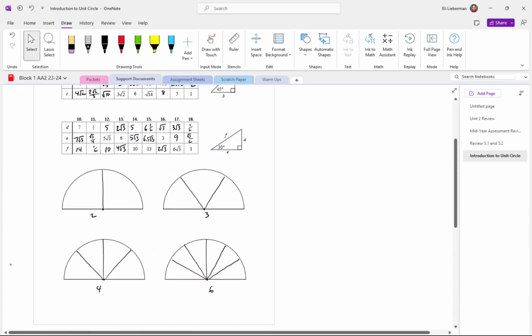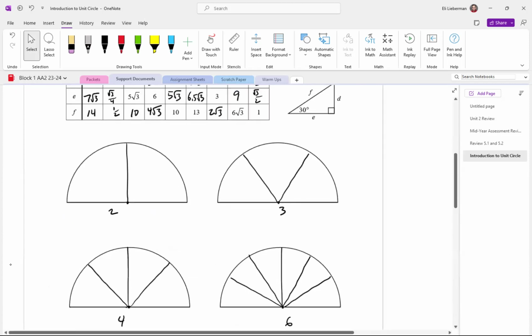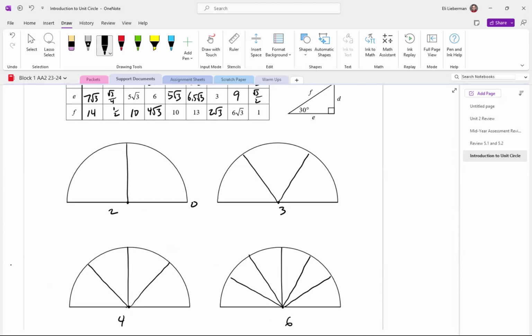Okay, we're gonna go back here and do the same thing, except instead of degrees, we're gonna do radians. I know that this is 0 radians. I know that if I go to the other side of the pizza, it would be pi, wouldn't it? Does it make sense that straight up would be pi over 2?